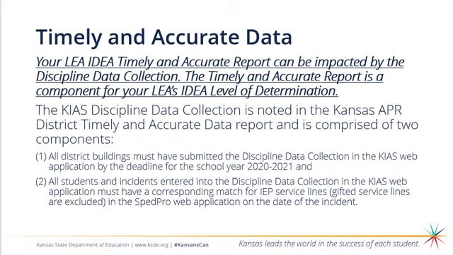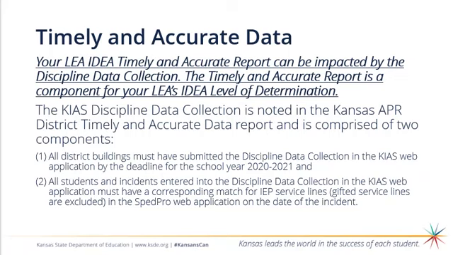It is vital that the local education agency has timely and accurate data. The timely and accurate data report is a component for the LEA's special education level of determination. The KIDS discipline data collection is noted in the Kansas APR District Timely and Accurate Data Report and is comprised of two components.